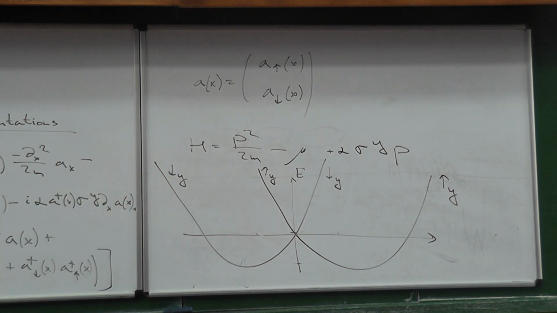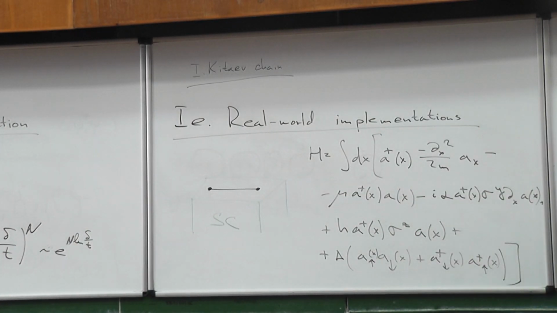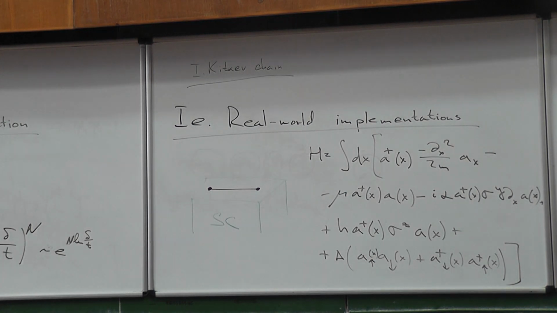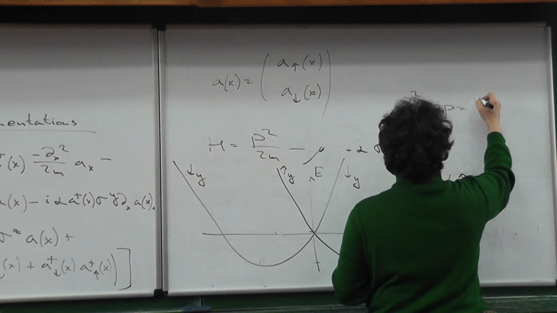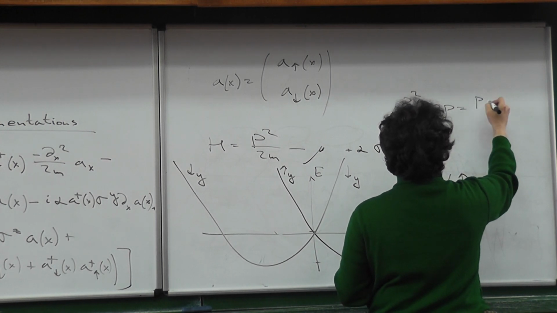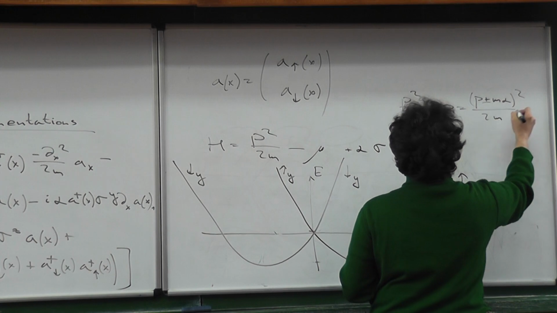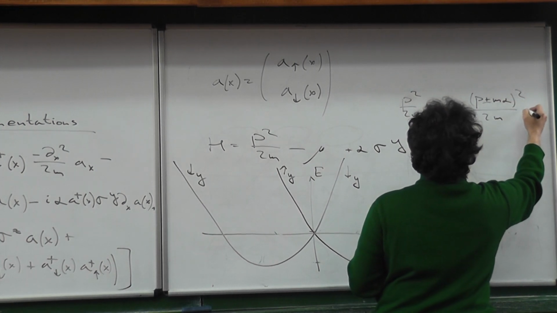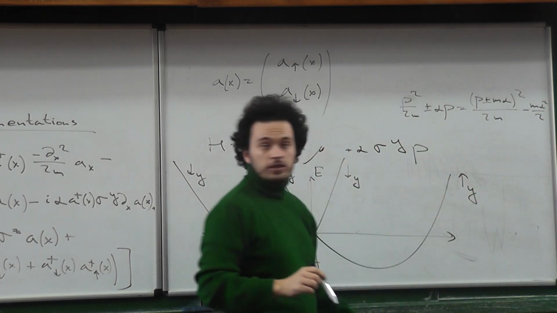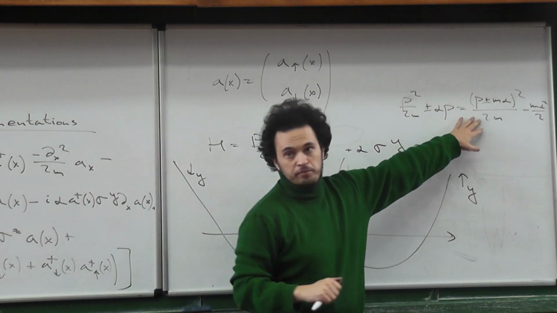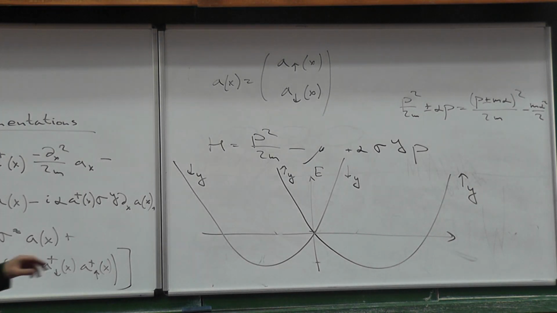They are the same height because you see it's p squared over 2m plus minus alpha p, so it's (p plus minus m alpha) squared over 2m minus m alpha squared over 2, something like that. You see they are the same height, they are simply shifted in the momentum space. So this is spin y.